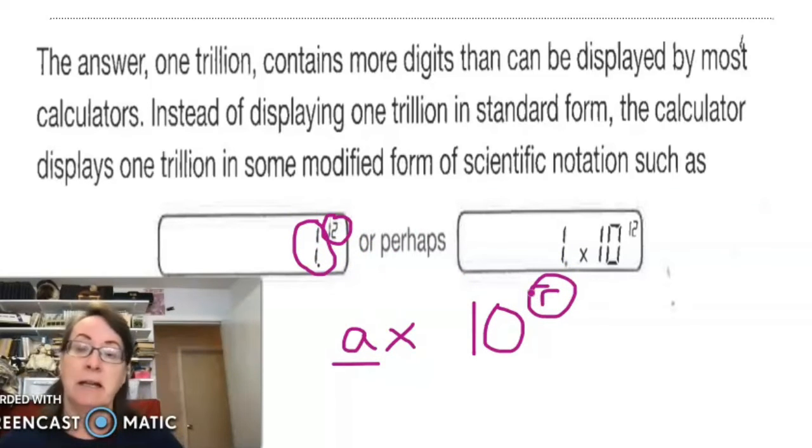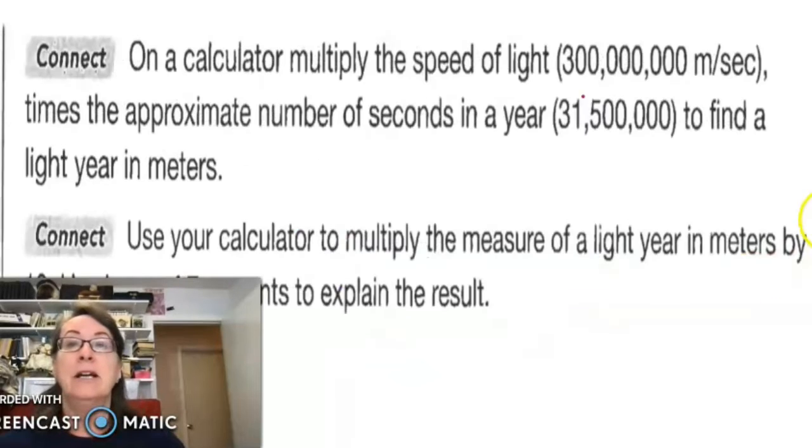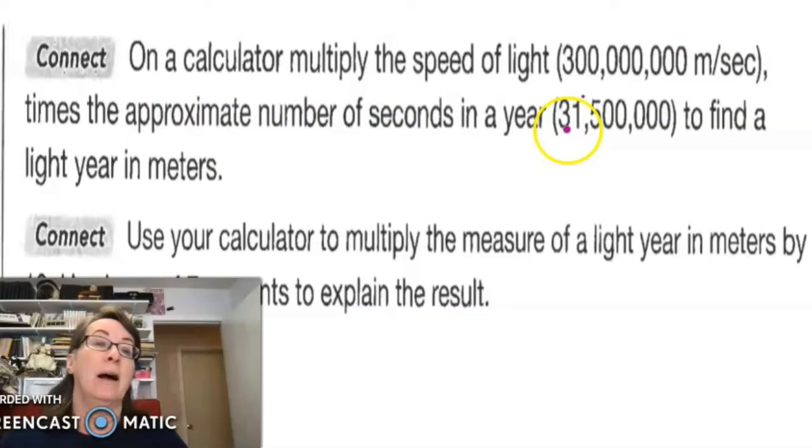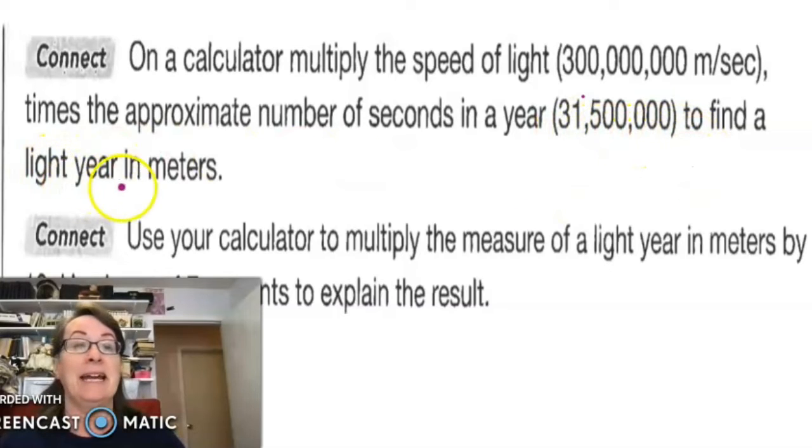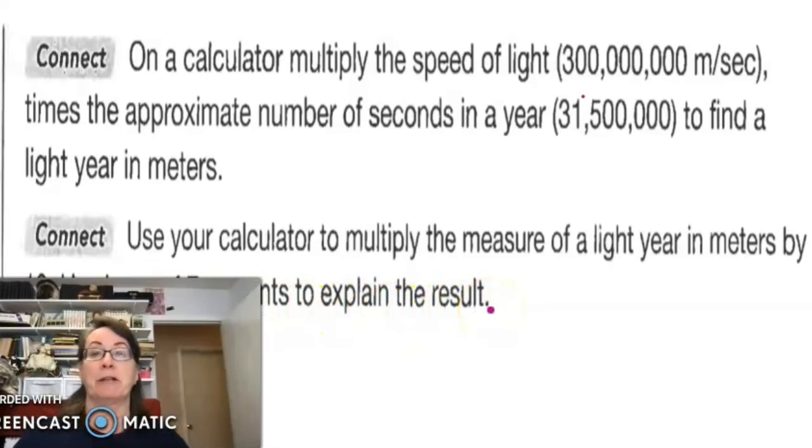It's a shortcut notation. It says on a calculator, multiply the speed of light, which is 300 million meters per second, times the approximate number of seconds in a year, 31,500,000, to find a light year in meters. Then use your calculator to multiply the measure of light year in meters by 10, and use the law of exponents to explain the result.